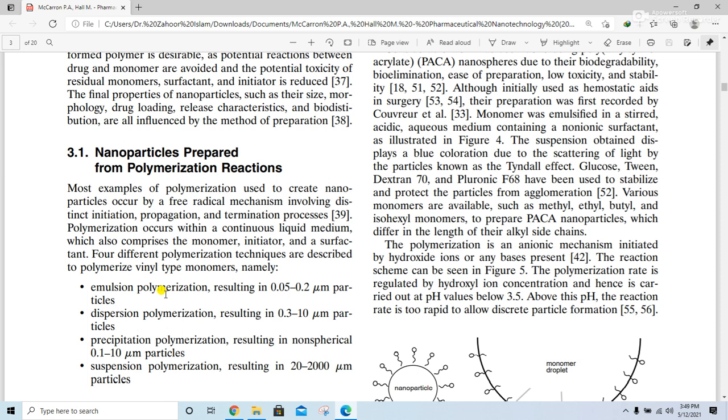The first one is emulsion polymerization, resulting in 0.05 to 0.2 micrometer particles, and dispersion polymerization resulting in 0.3 to 10 micrometer particles. In precipitation polymerization, the result is nanospherical, with particle size between 0.1 and 10 micrometers, while in suspension polymerization the result is 20 to 2000 micrometer particles.